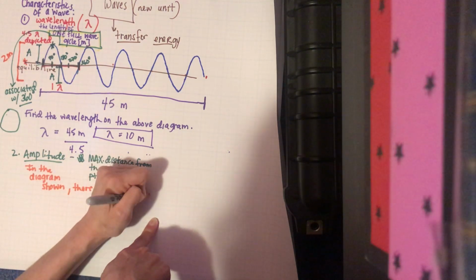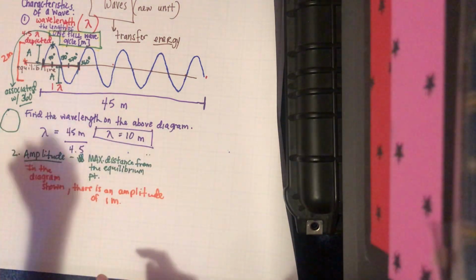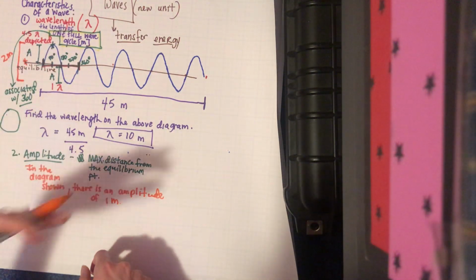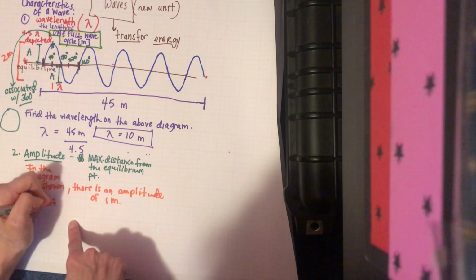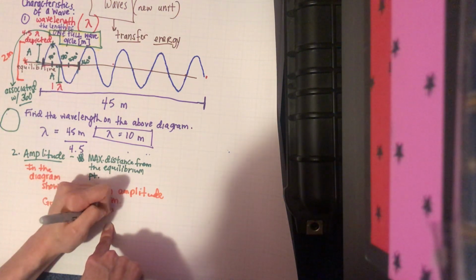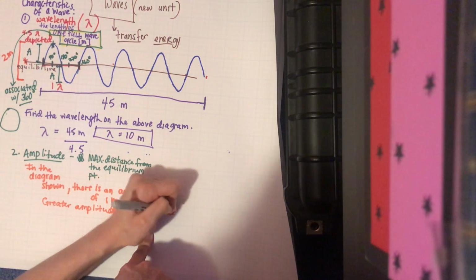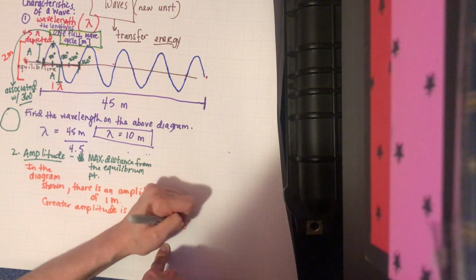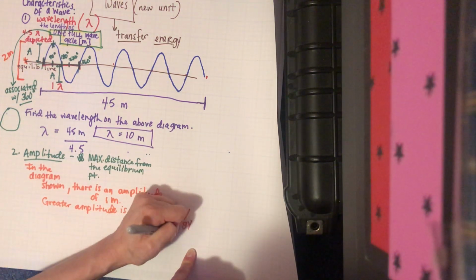And this amplitude is reflective of how much energy the wave has. The higher the amplitude, the more energy that's being transferred. So greater amplitude is associated with more energy. And this is really true for mechanical waves.